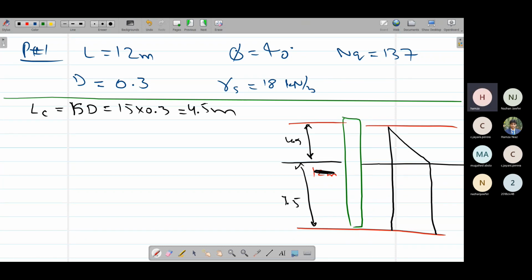The overburden pressure at the top would be 0. At 4.5 meters, it would be gamma times 4.5, 18 times 4.5, that is 81. And at the bottom, it would also remain 81. Any issue in this overburden profile? Because you have to draw this in every sandy question, so it should be clear.